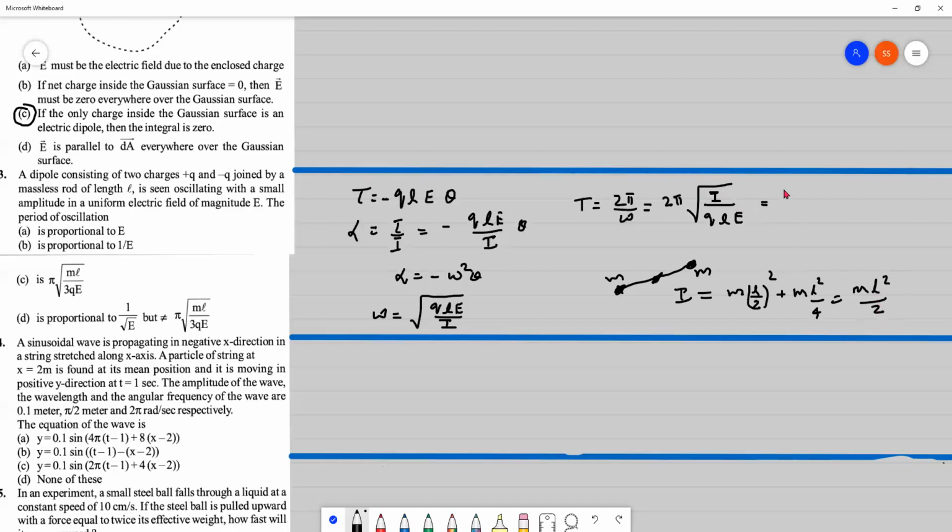So when you substitute I is equal to ML squared by 2, you get 2 pi times square root of ML squared by 2QLE. You can cancel one L and one L, and when I take this 2 inside, it will become 4, so the 4 gets cancelled. So it should be pi times square root of 2ML by QE. That should be the right answer. So it is not equal to this one. So this should be the right answer.